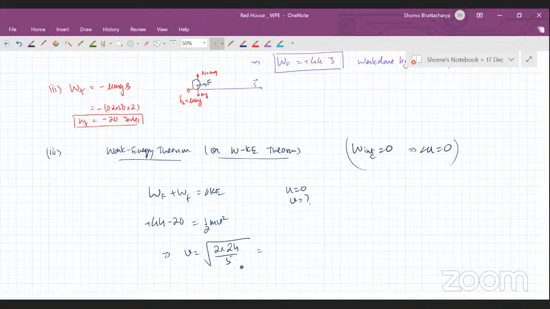Okay, so that is about 0.3 approximately meters per second. Yeah, we can express it that way also.